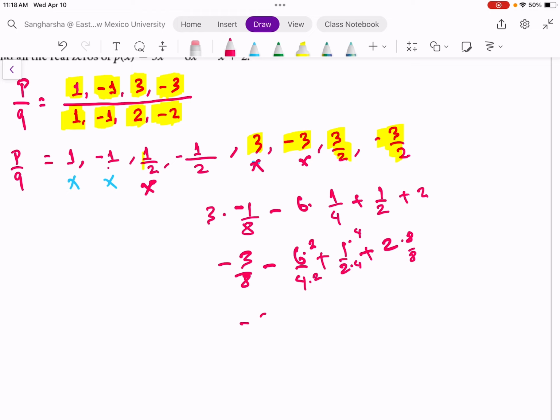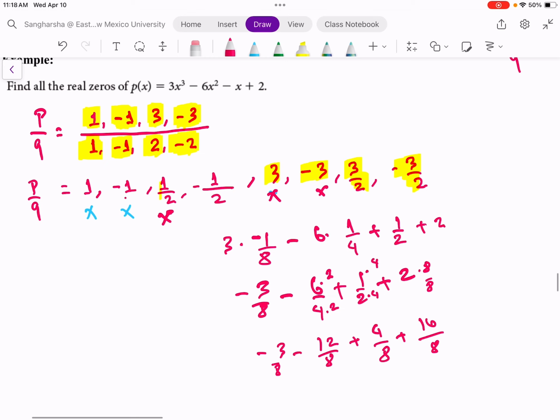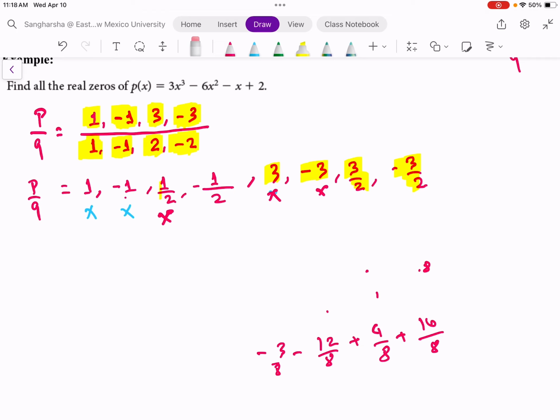So negative 3 over 8, negative 12 over 8, plus 4 over 8, plus 16 over 8. So 16 plus 4, that is 20, minus 15. Okay, this is not 0. So we have the options 3 over 2 and negative 3 over 2. Did anyone find one? Let me know. Okay, if you find one, we need to find at least one real zero here.